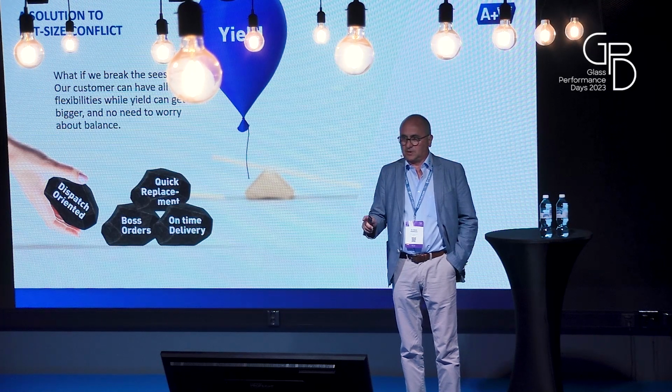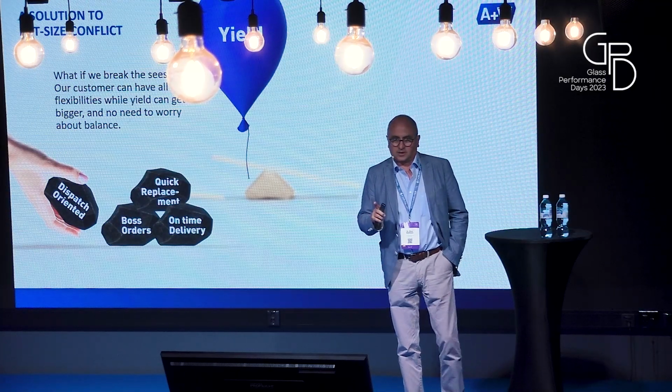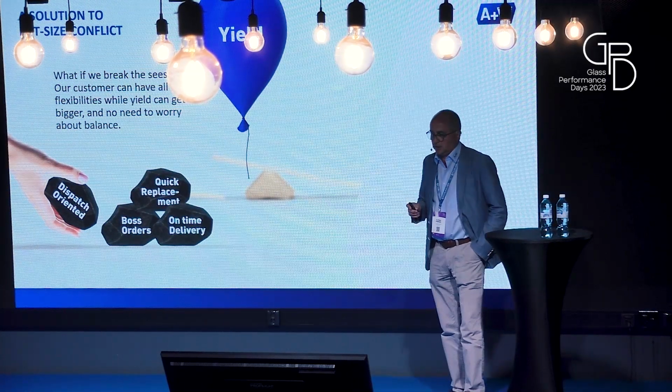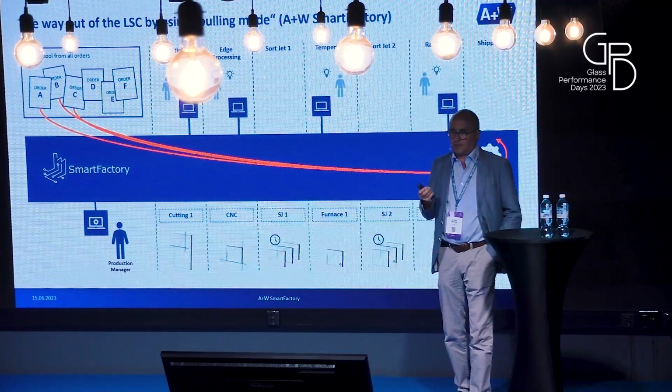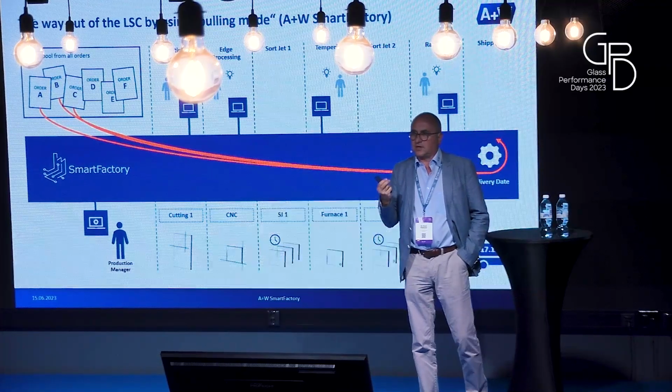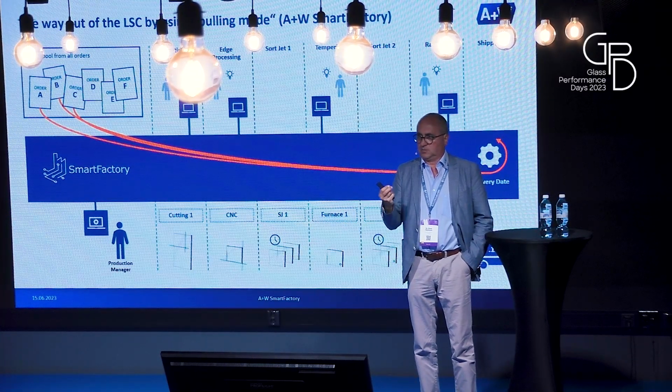And that is something we aim for now, and that is something that is possible. We are already partially there, and we will get there totally in the near future. And that is by using a software that is running the shop floor control as well in a pulling mode.